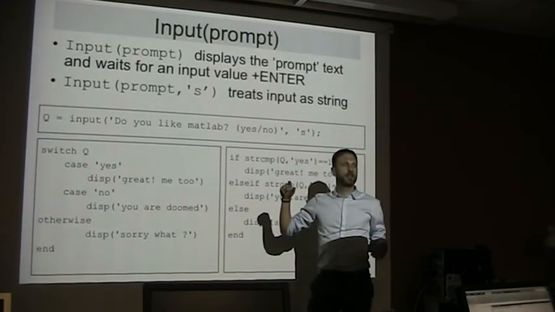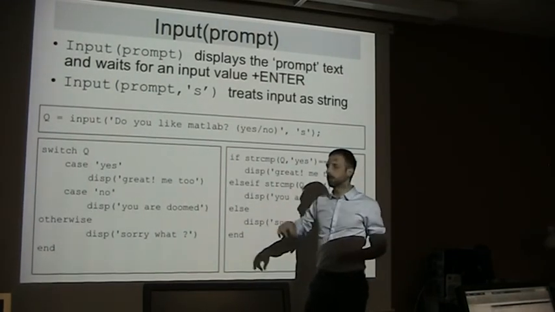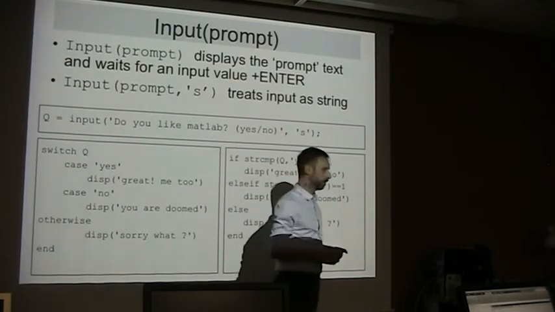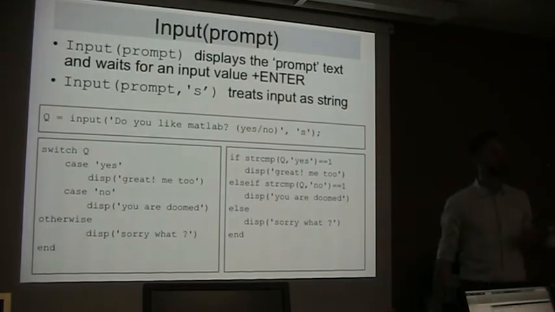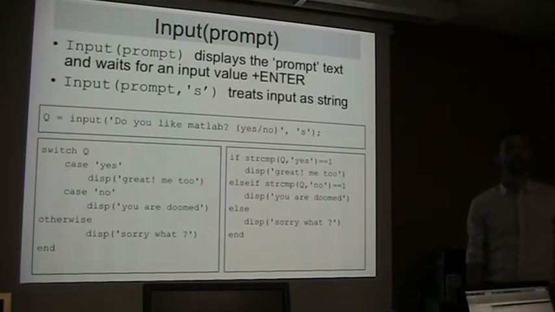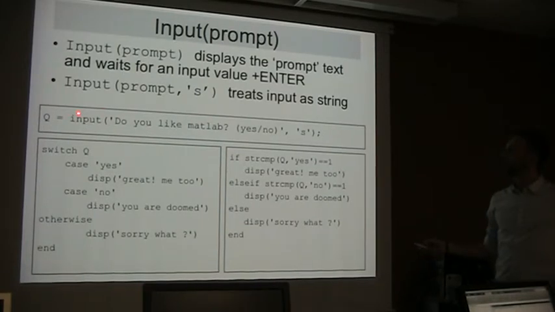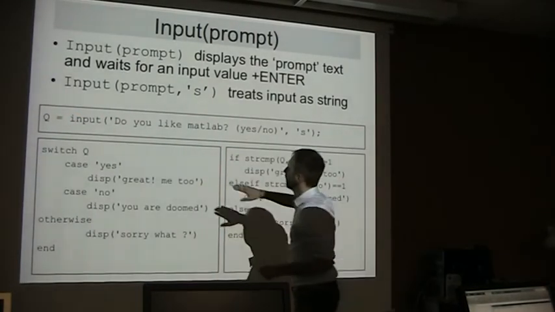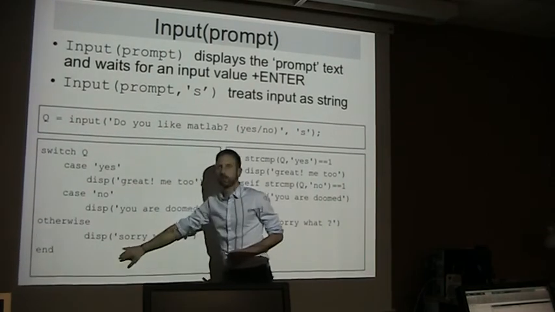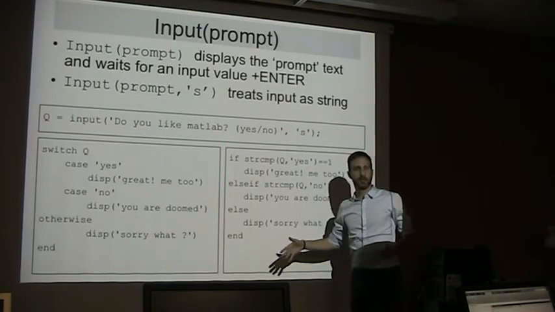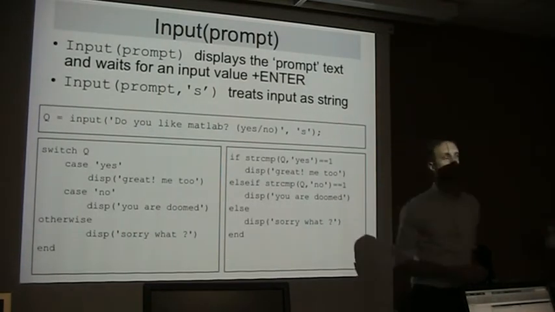And if you didn't enter anything, you just hit enter, or if you put something else, it says sorry what. So you can write in the editor either this with that or this with that, and then run it and see what happens.